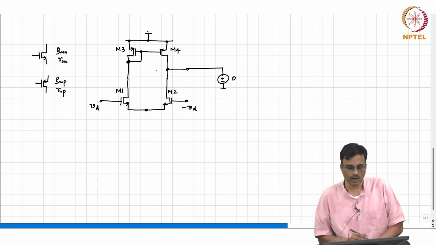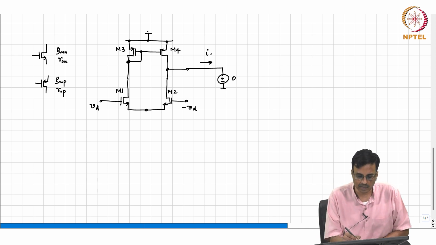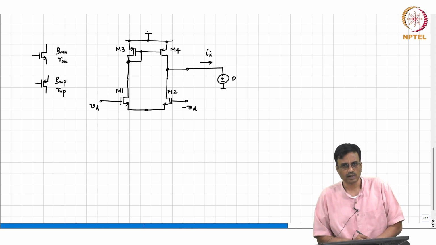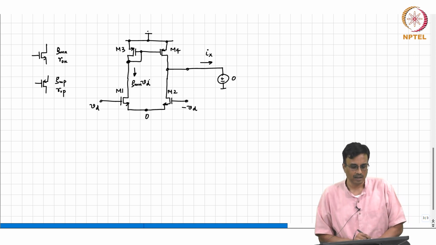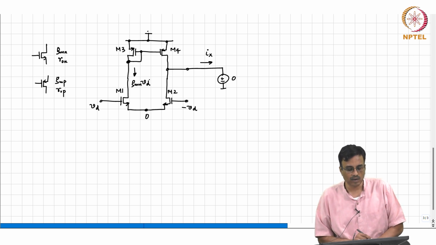And what comment can you make about the Norton current Ix? What is it? This will be 0. So, this current will be approximately GM N times VD, right. But there is actually a, what will be the voltage here?